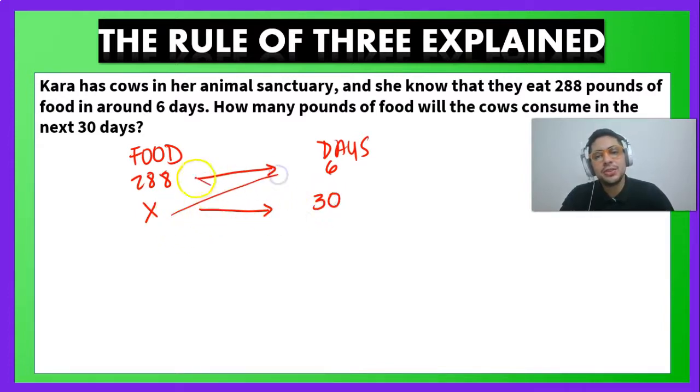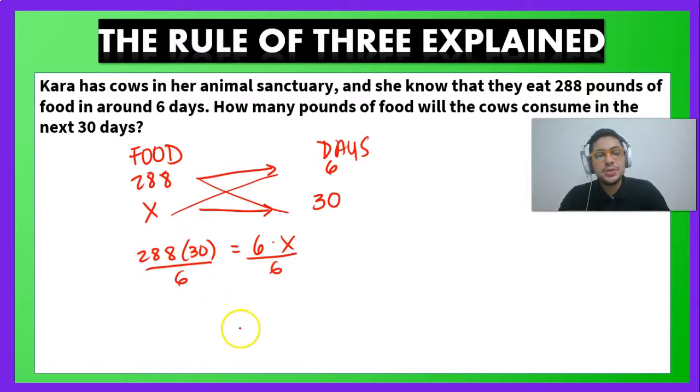Again, we just cross multiply. So 288 times 30 is equal to 6 times x. And again, the answer is going to be the very same thing. So you can think of this as 2 ways to solve the rule of 3. And this is something that you can use, guys, for any problem with proportional relationships.